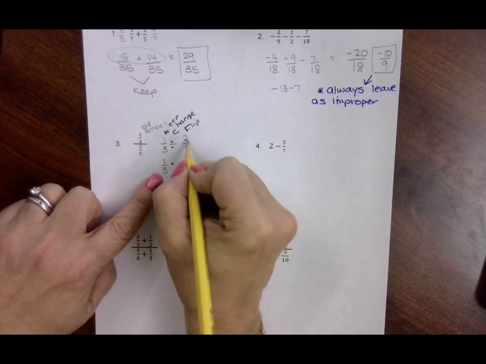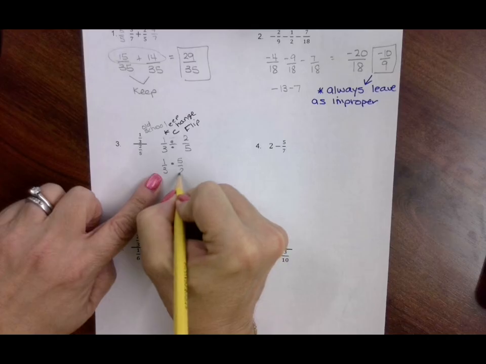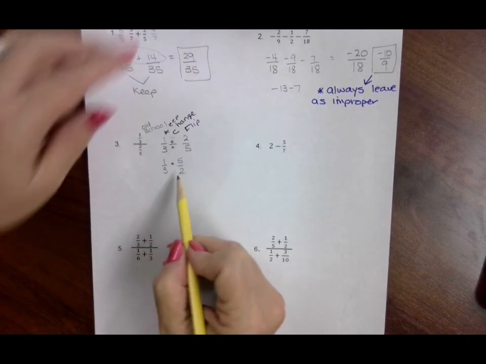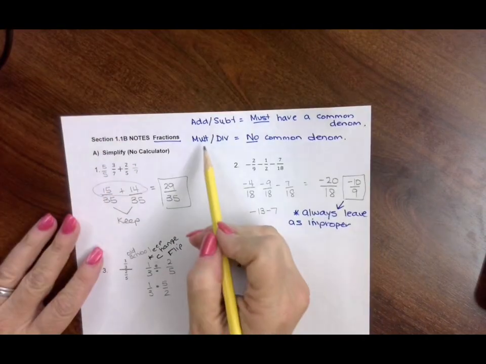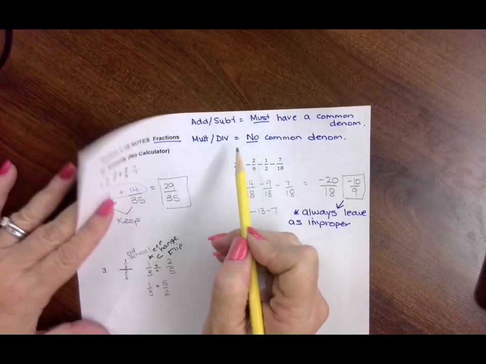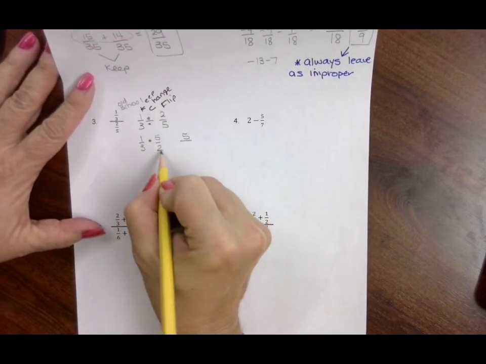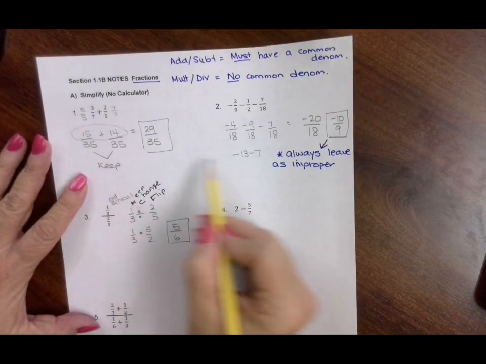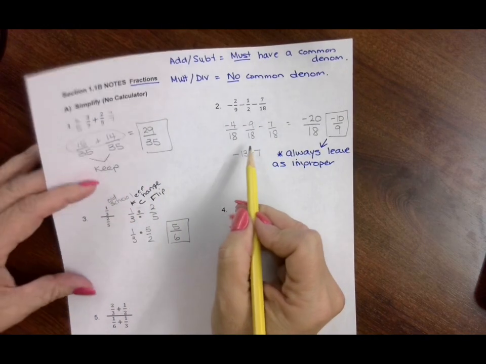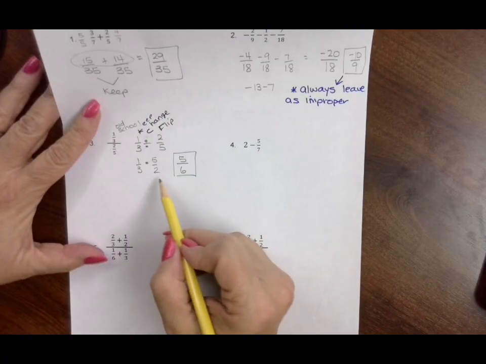And flip, this 2/5 becomes 5 over 2. Okay, so now what happens is I have multiplication. So if you remember up here, if it's multiplication, there's no common denominator. So we're going to just multiply across the top and multiply across the bottom. So with addition and subtraction, you keep your denominator. With multiplication, division, you don't.